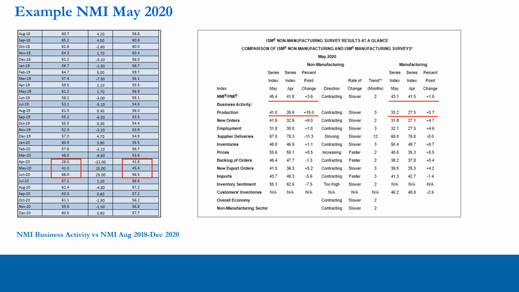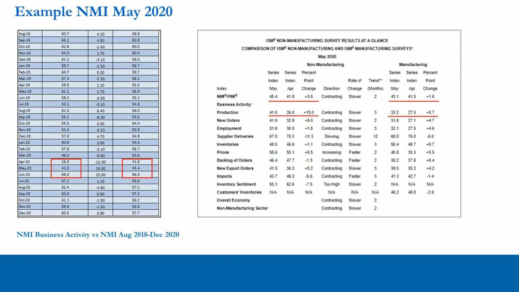So imagine you are sitting at this moment in time and you see the May release. Okay, so this is released in the first week of June, and you see the May release for non-manufacturing, and you see a massive rebound from 26 to 41 in business activity for the NMI.